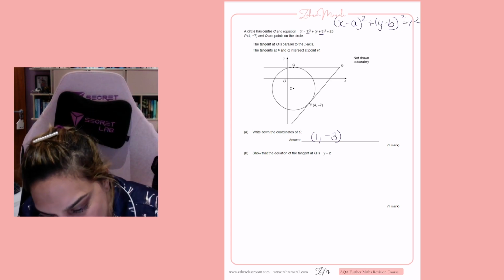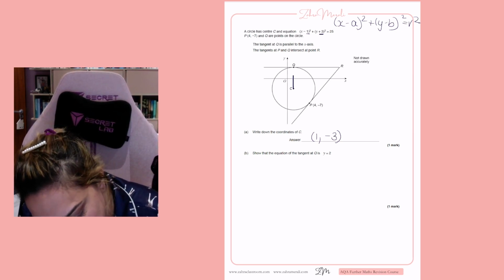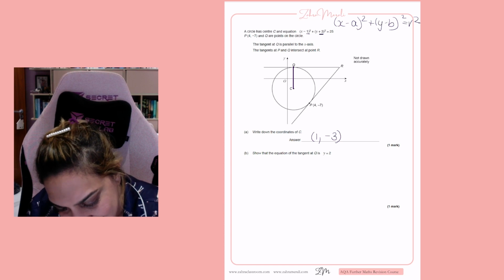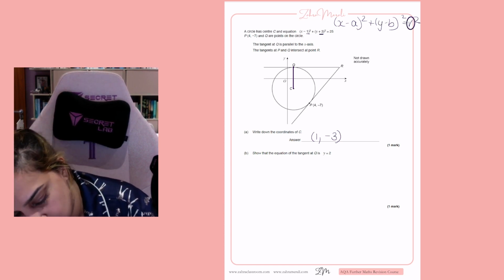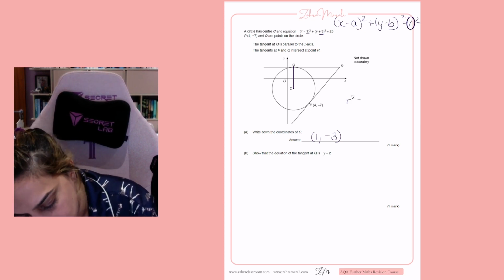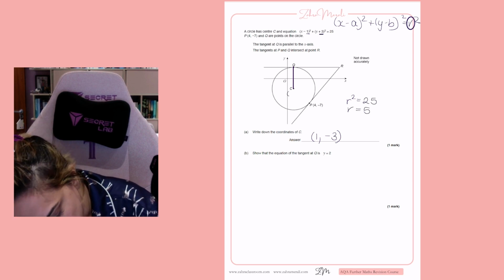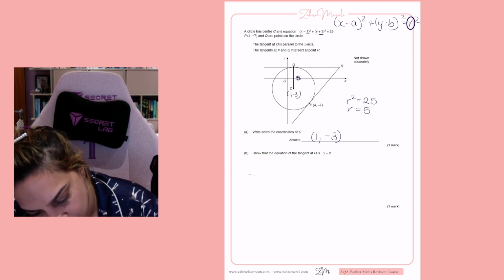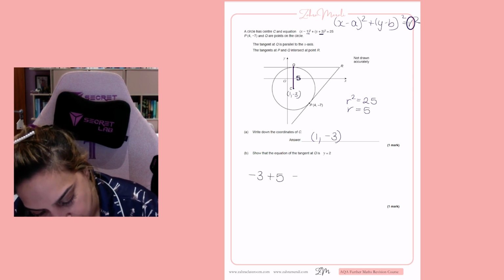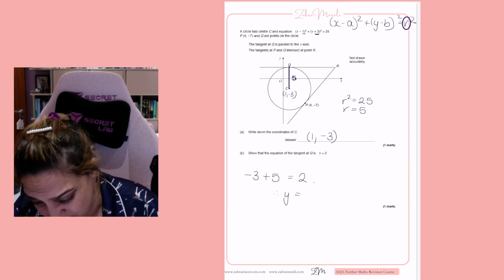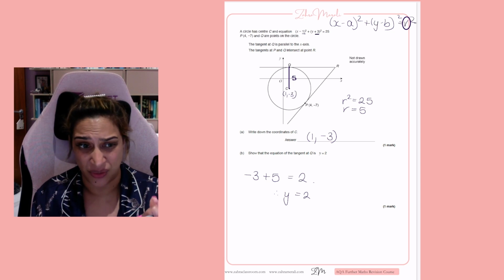Right, so we want to know from here to here, the radius. So remember r squared, so if r squared equals 25, r must be 5. So if this is 1, minus 3, and this is 5, minus 3 plus 5 equals 2, therefore y equals 2. So we're going straight up by 2.